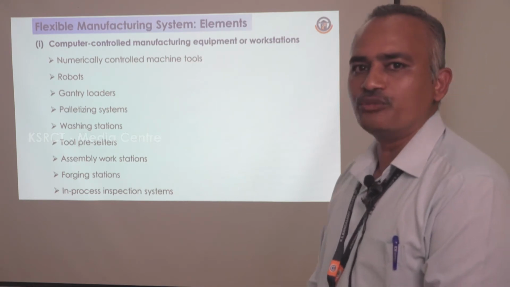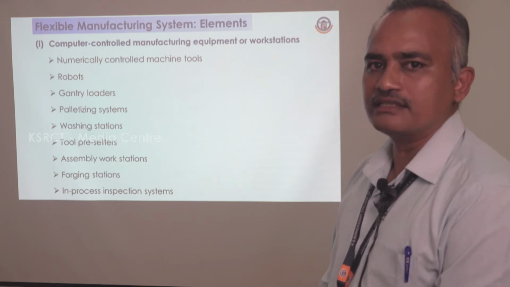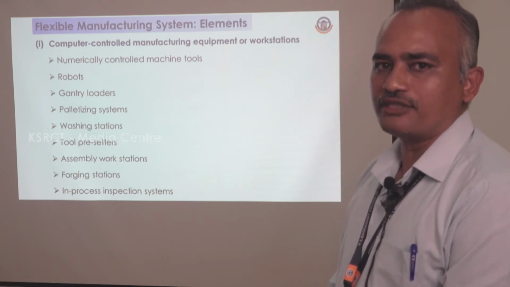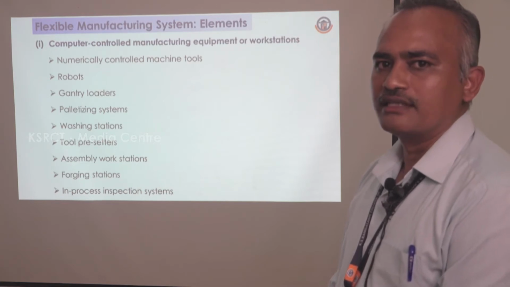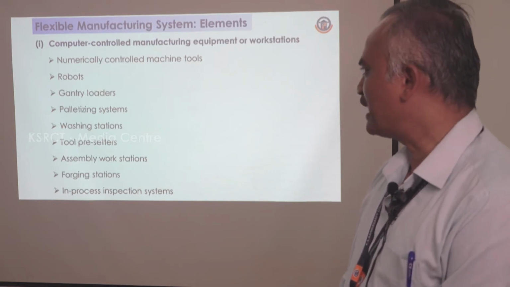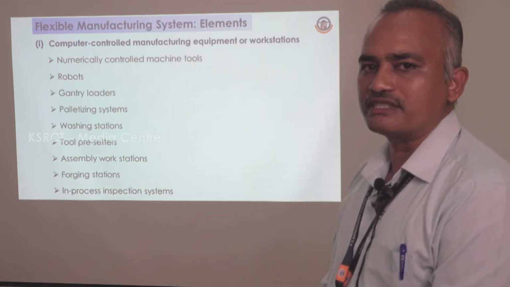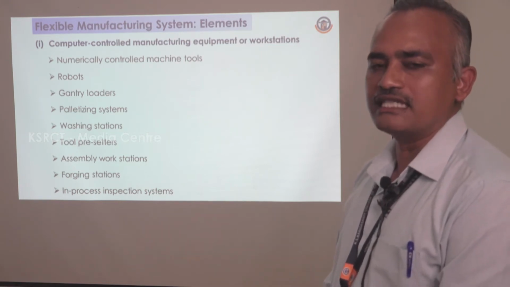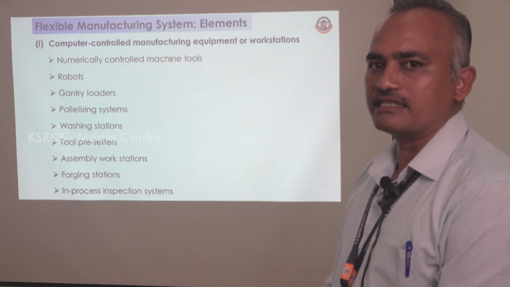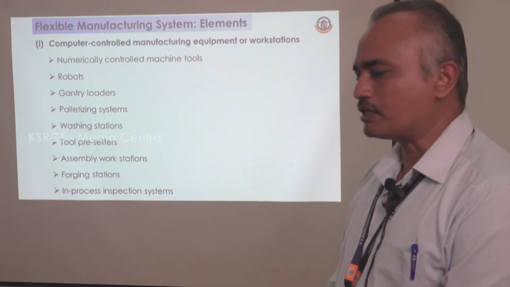Here the numerically controlled system is the heart of the FMS system, which is mainly used for programming the different profiles for the required geometry, and the robots may be used for fixing the tools and changing the tool positions accordingly, and for the process.